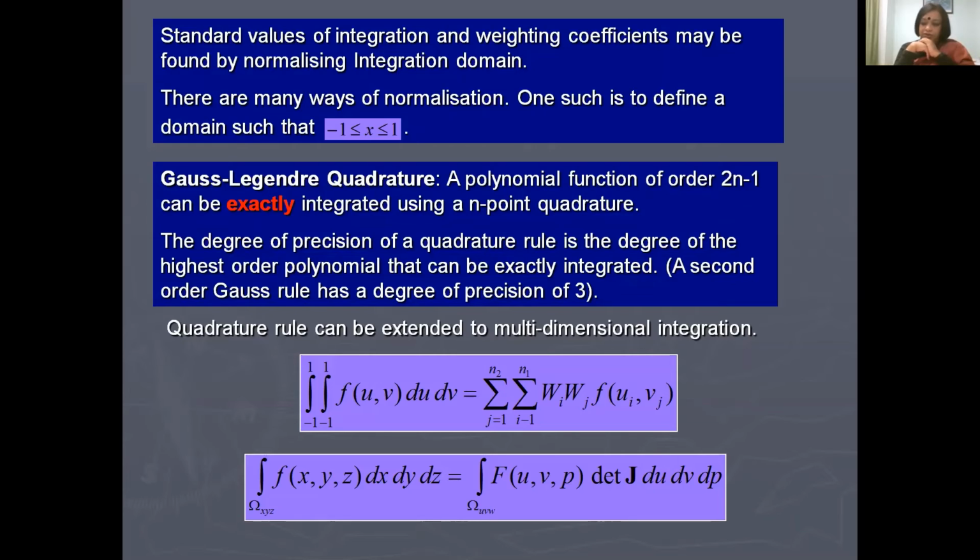How did you work it out? That is my question. No, for second order polynomial also we'll need 1-point quadrature. Why? Because 2n minus 1 should be 2, so we'll get n as 1.5, but we cannot have n as 1.5. So we'll take minimum 1.